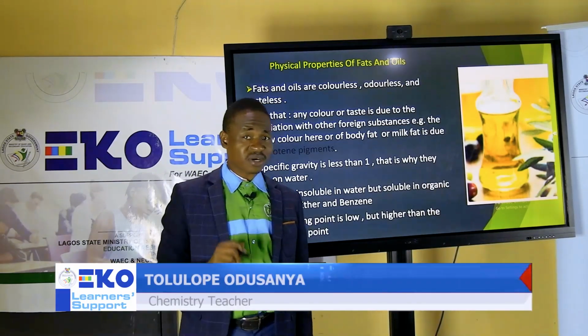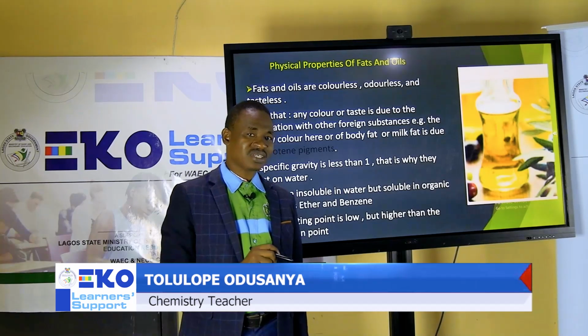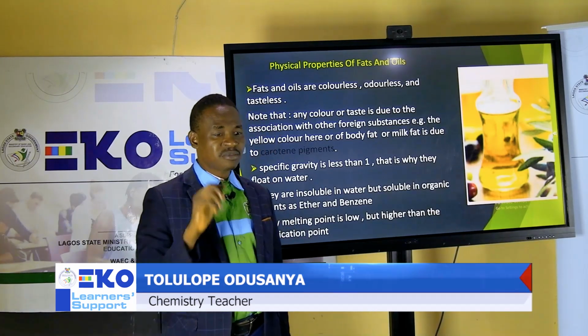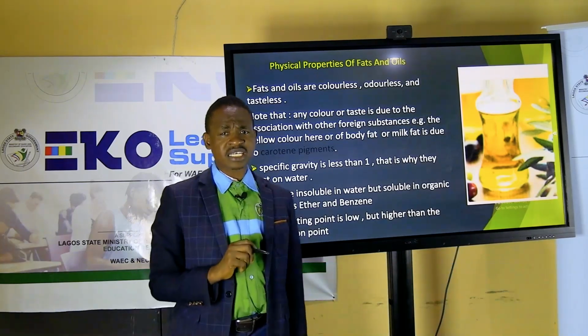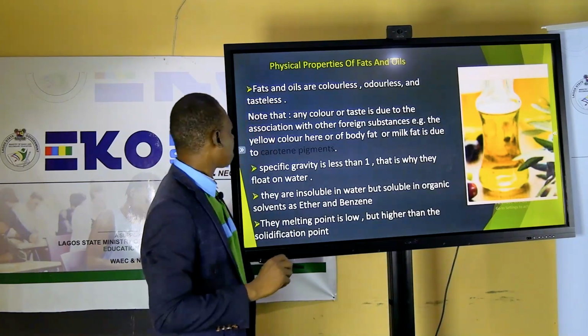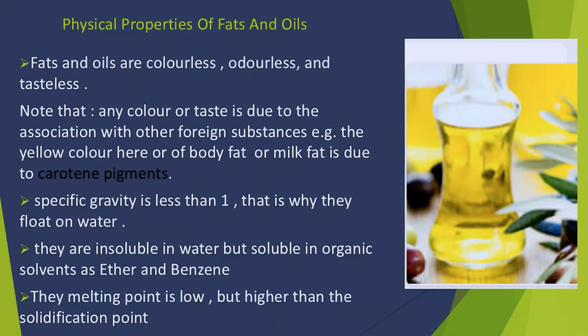We are going to discuss it. There are some pigments responsible for that particular color in your fat and oil. But basically, your fat and oil should be what? Colorless liquid. Note that any color or taste is due to association with other foreign what? Substances. The yellow color of body fat or milk fat is due to carotene, what? Pigment.